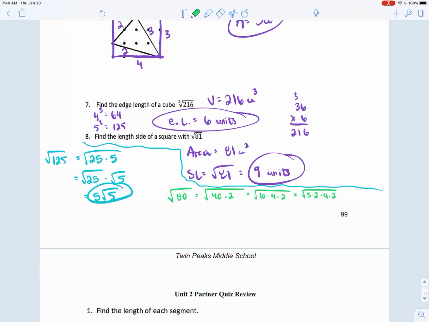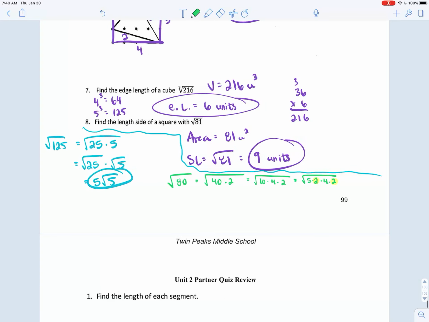Okay. Can I combine any of these factors and make them into a perfect square? You might notice that, hey look, I have 2 2's. And I know that 2 times 2 is 4. So I'm going to rewrite it. I'm going to move over here. We have the 5. We have that first 4, so I'm just rewriting this. Then we have the second 4, which comes from the 2 times 2.